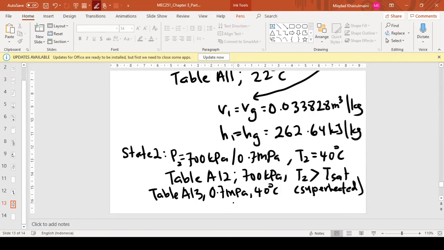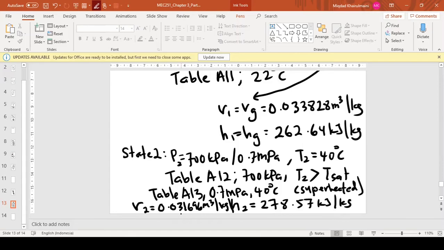So we can read the enthalpy at state 2 here, and it is 278.57 kilojoules per kg. And also don't forget to read the specific volume, which is 0.031696. So that is for state 2.